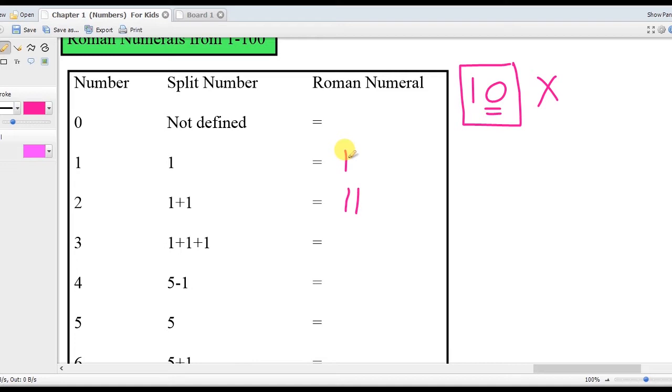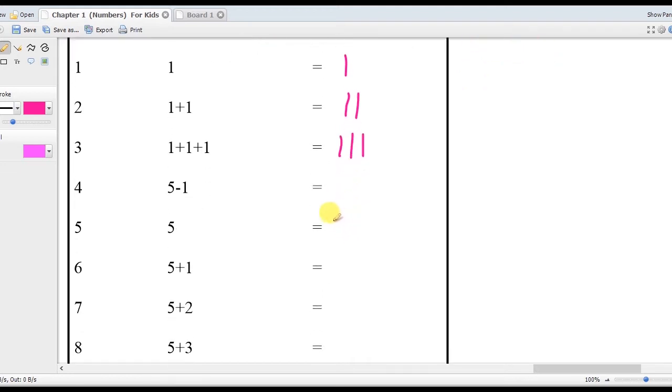So we write it twice because 1 plus 1 will give you 2, right? Similarly 3. So 3 comes from adding 1 plus 1 plus 1, so we write all these ones. Now here comes the next digit, which is 5. All you need to remember are those 7 basic symbols. With the help of those 7 symbols we are going to derive any number in the Roman form, right?